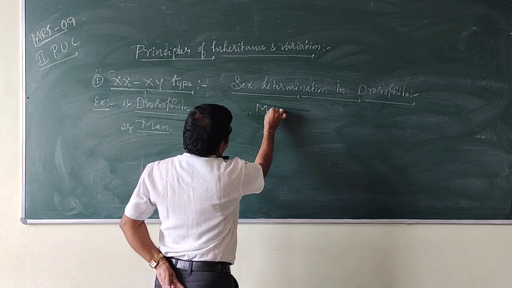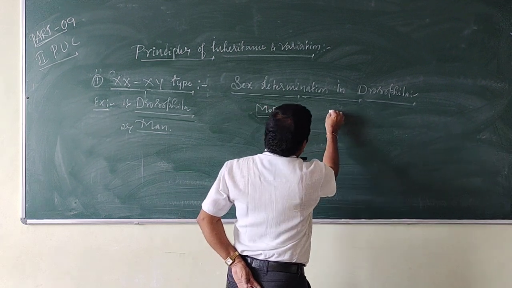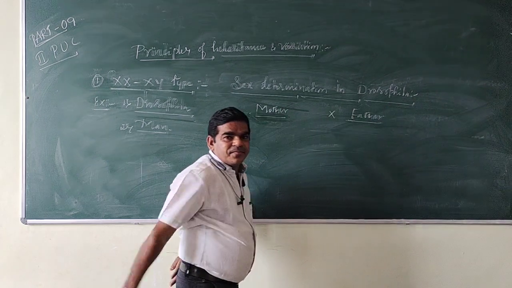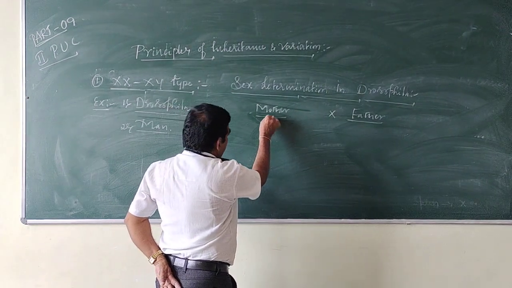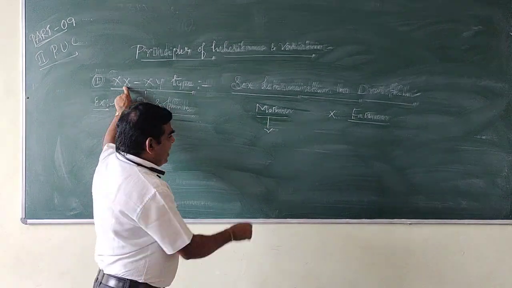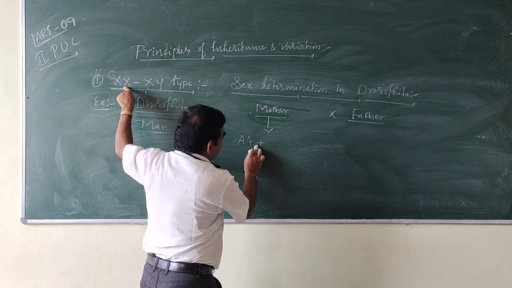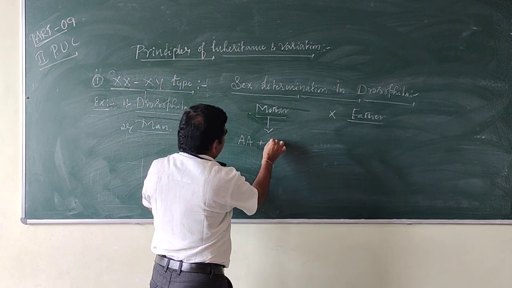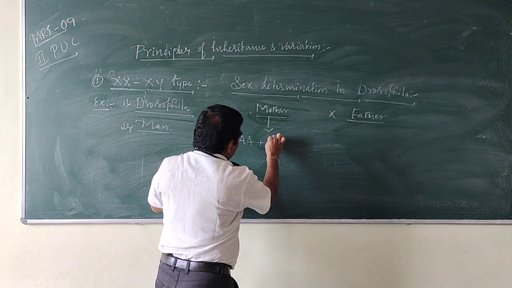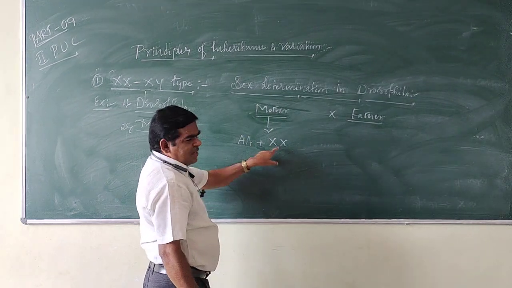So, mother and father. Mother is homogametic, AA plus XX, autosomes.